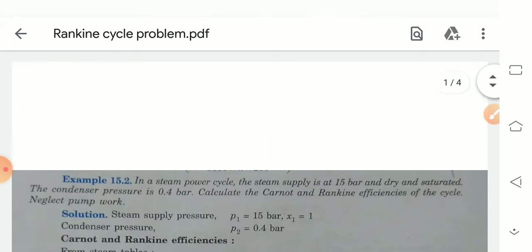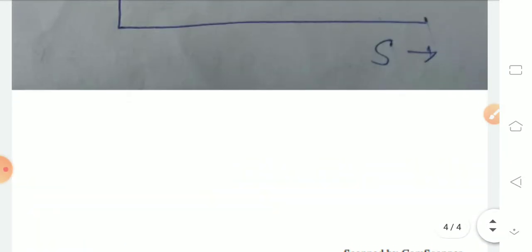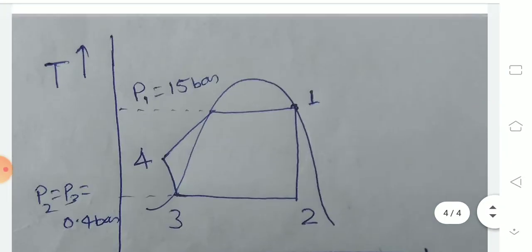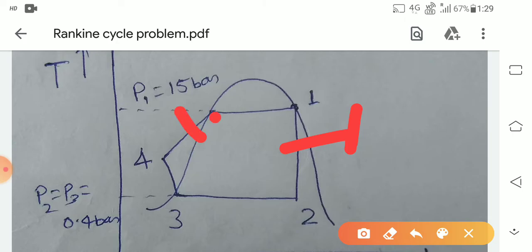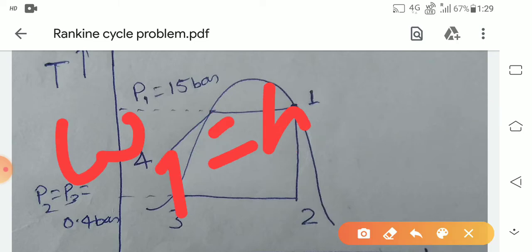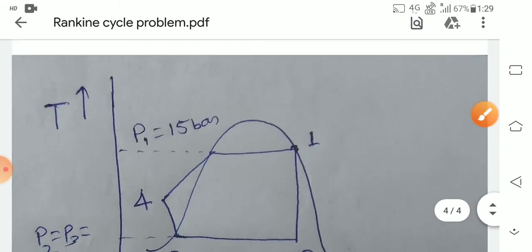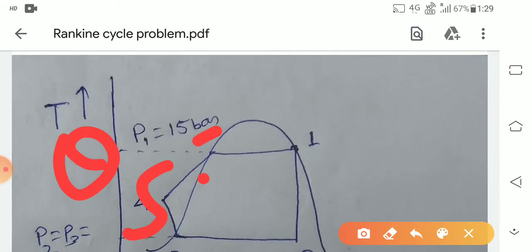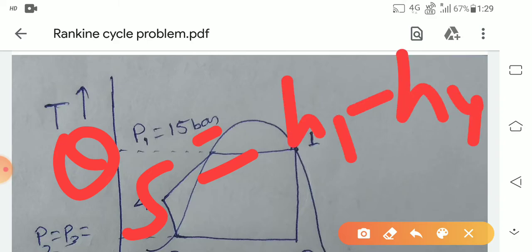In the TS diagram you can see this is the turbine and this one is the boiler. So turbine work is equal to H1 minus H2, and heat supplied in the boiler is H1 minus H4.